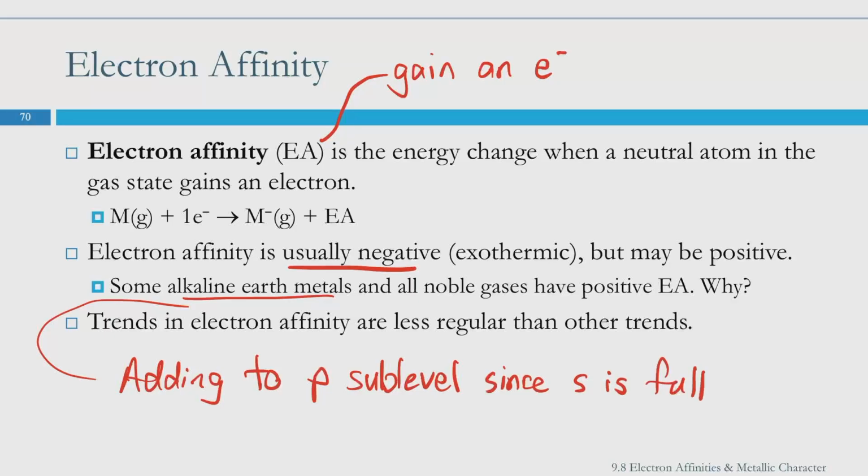And the concept is the same for our noble gases. Our noble gases represent a completely filled valence shell. And the next electron that you would add goes into a higher principal quantum number level.